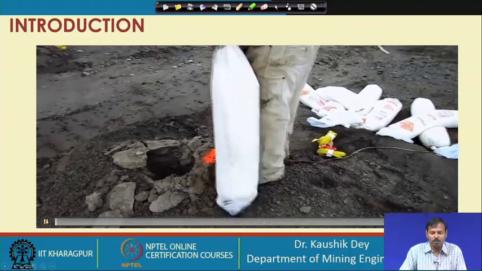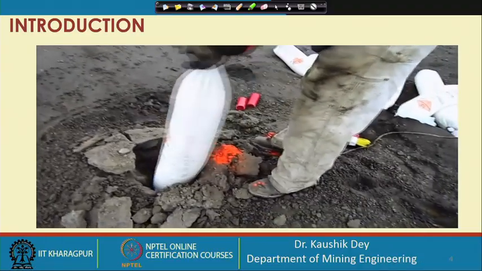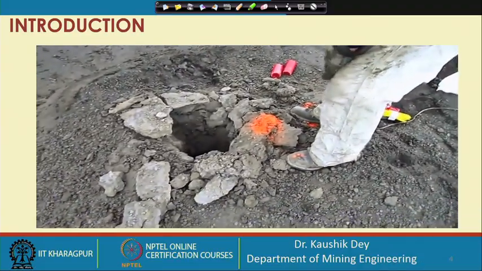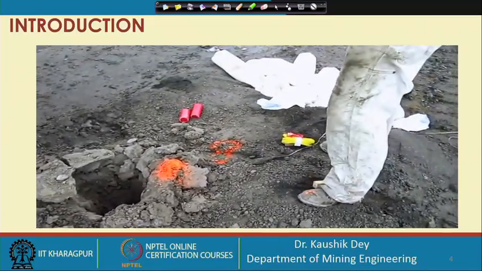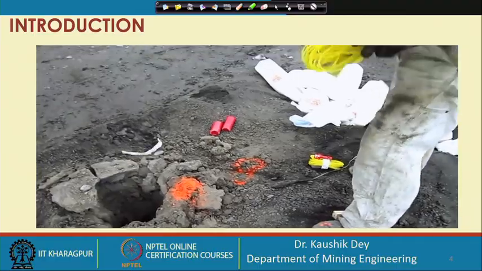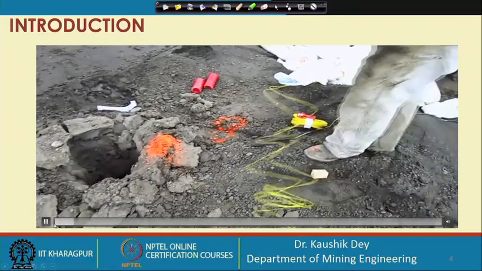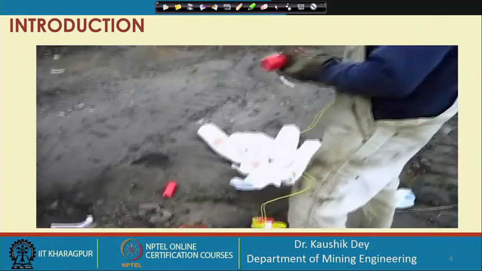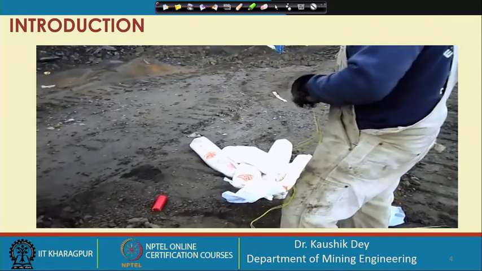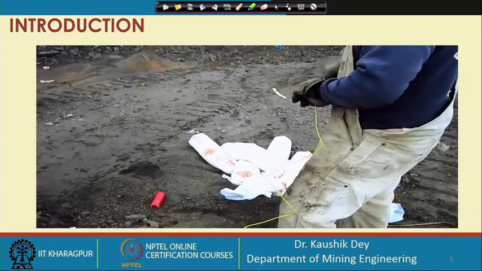In this video you can get some knowledge about how blasting is carried out on the surface. You can see a drill hole is drilled, and we are inserting the explosive, which is in cartridges. One cartridge is already inserted.